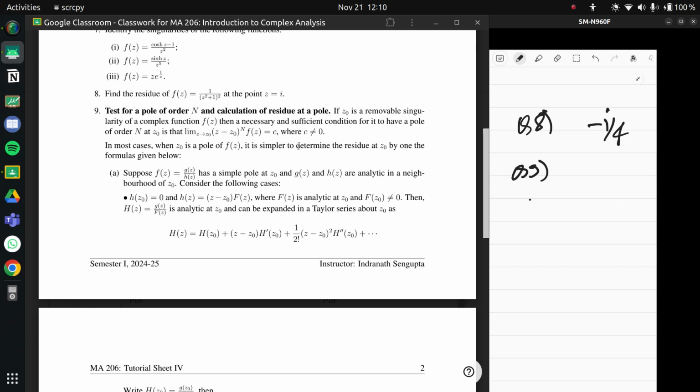Sure, so in that case, whatever g is expanded to, the 1 upon z minus z0 factor it will have just gets cancelled right away. What about the case when you have a square thing? Oh, okay, wait, h is the denominator. Okay, cool. So f is analytic at z0, and it's not equal to 0.